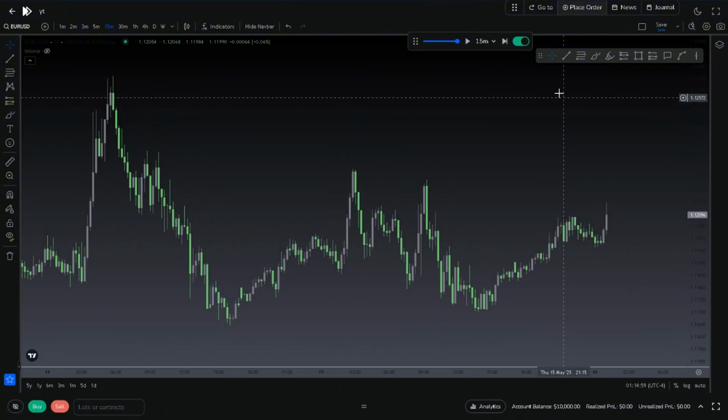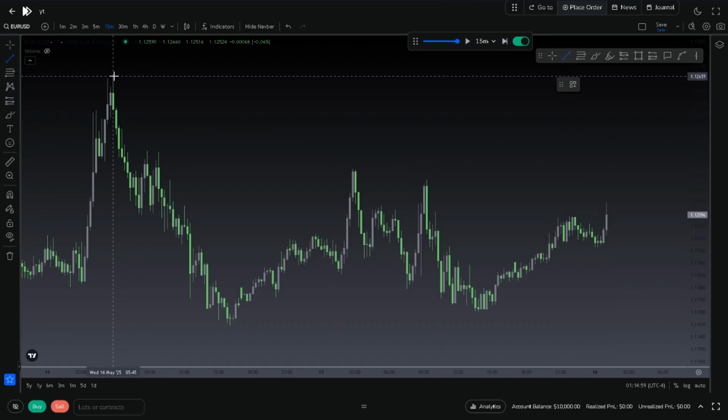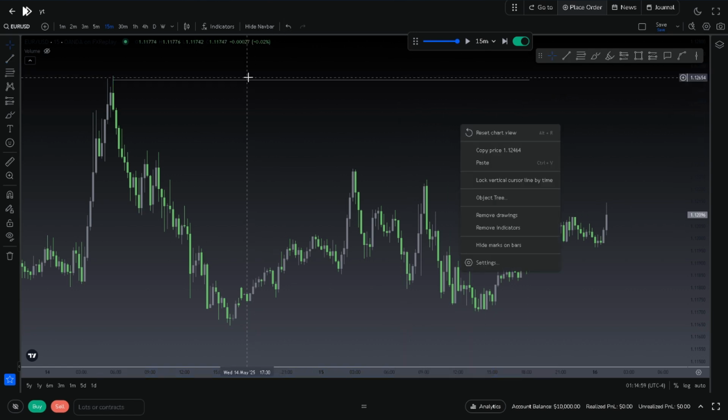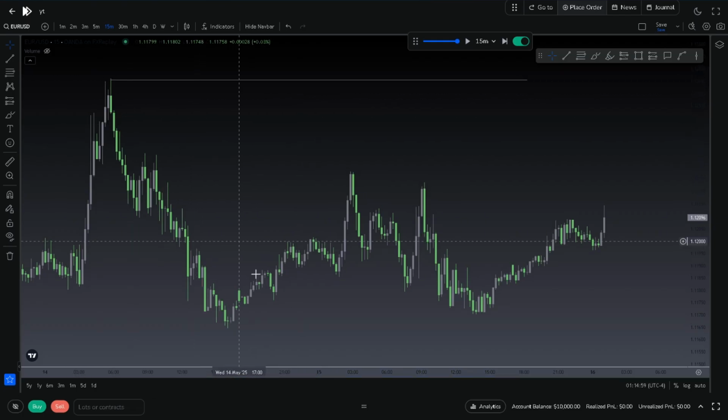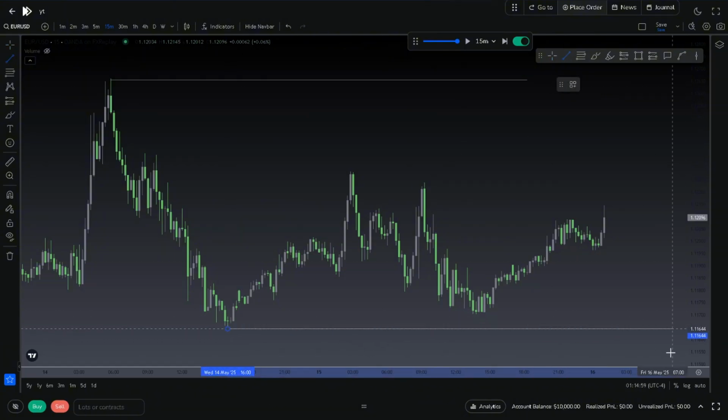So now what is our external structure? If we just get this tool and we just go from this high here, that is the overall high that we're at. So I'm a bit off there, but you get the point. That's the overall high where we're at. And then our overall low will be this low right in here.